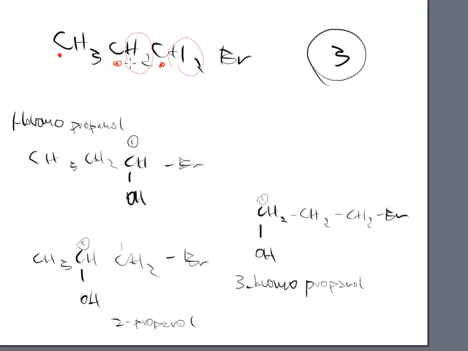Then it would give us a signal from these hydrogens, which are different than the previous, but 2 hydrogens are equivalent there. And then this one would be our 3rd signal, and that would be 3 equivalent hydrogens from that particular signal that we get. That is how we do this, all right?